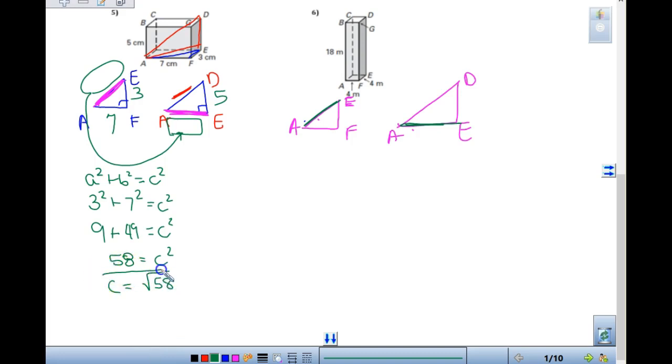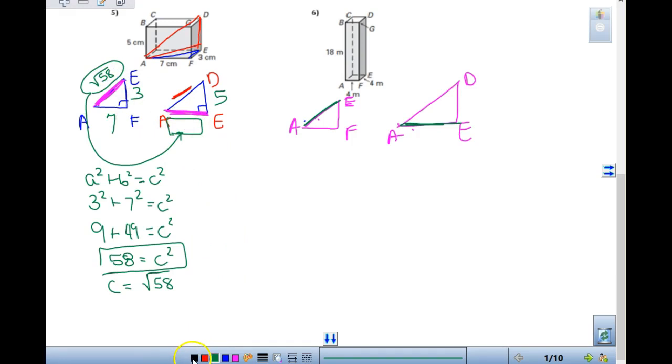So what I saw in a lot of homework that you turned in on that B5 homework is you left your answer like this. And 58 doesn't even make sense. 3, 7, this side is 58. So some of you, this is the square root of 58. Now, why am I not going to put that in my calculator?